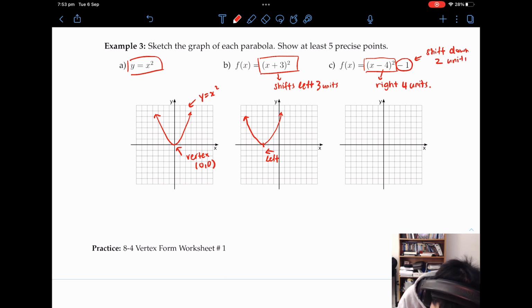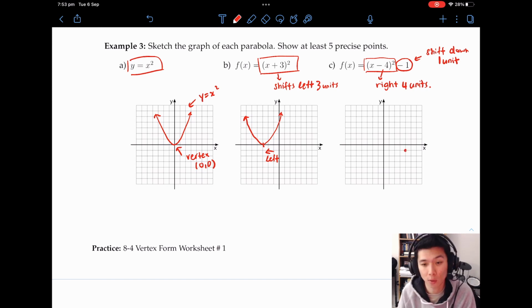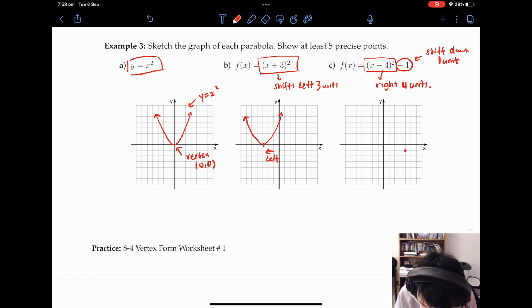Oh, sorry, not 2 units, 1 unit. And so therefore, if we're taking the parabola, shifting it right 4 and then down 1, the vertex is at 4, -1. And so that's what the parabola looks like. Okay, so 4 and -1.